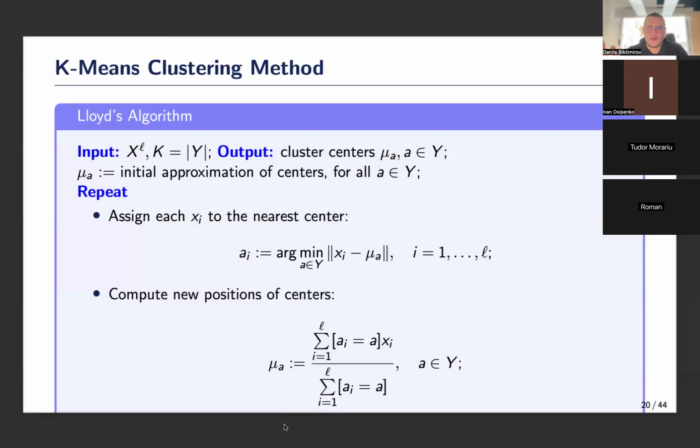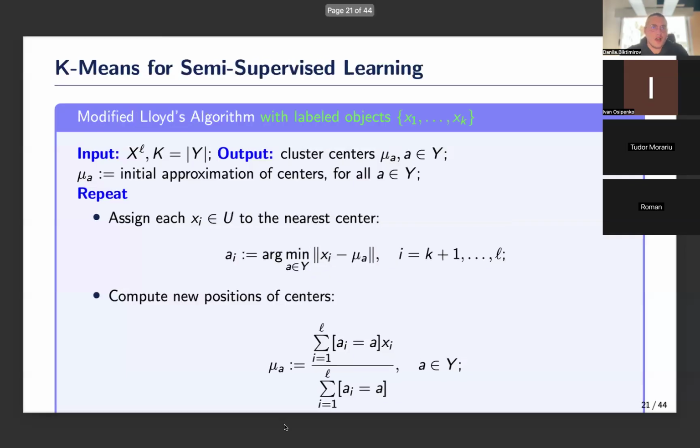So okay, for the clusterization task, I think it's maybe clear.